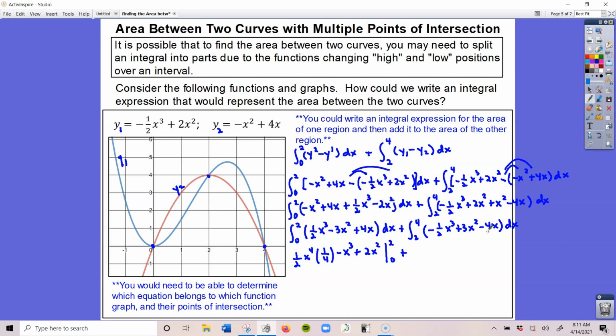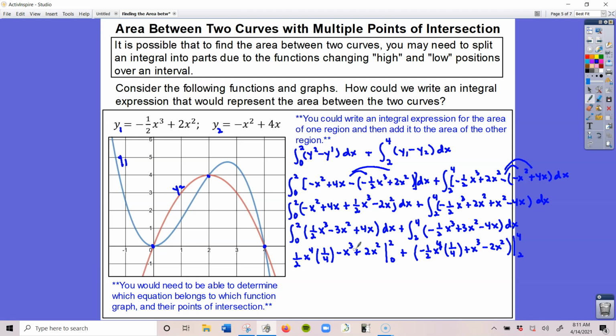Plus, now I'm going to integrate this function. So that would be, I'm going to put this in parentheses so we don't confuse, negative 1 over 2 x to the fourth, times 1 over 4, plus x to the third, minus 2x squared. And I'm evaluating that one from 2 to 4.